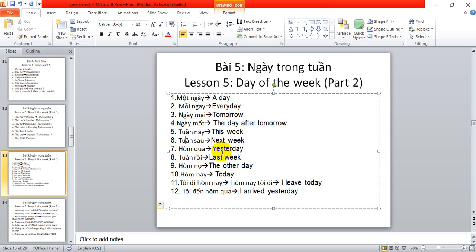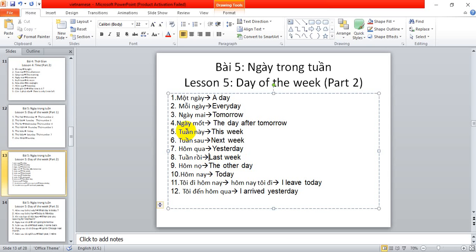Hôm qua, yesterday. I showed you in the last lesson, but now I repeat it for you. Hôm qua, yesterday. Tuần rồi, last week. Hôm nọ, the other day. So this week, tuần này. Next week, tuần sau. Last week, tuần rồi.